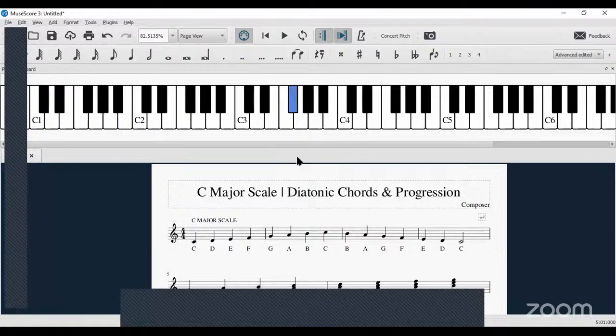If we went from F sharp to G, now this is a half step, but from F sharp to G sharp is a whole step. So hopefully you guys get the idea of what is a whole step and what is a half step.